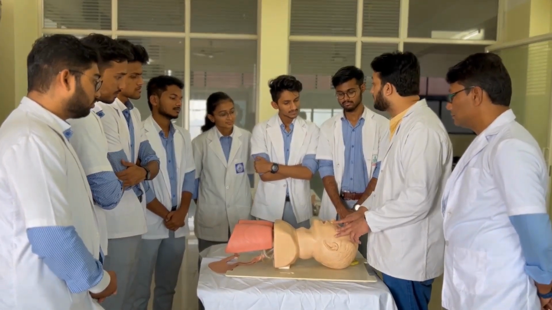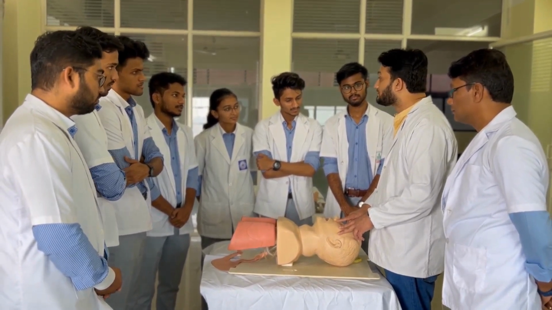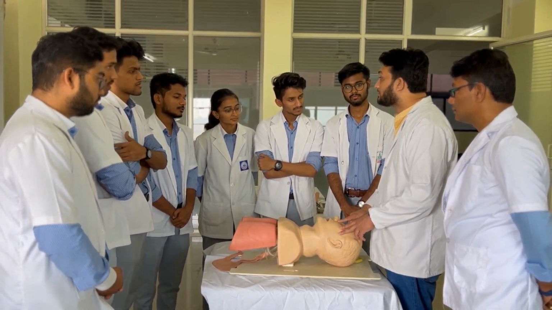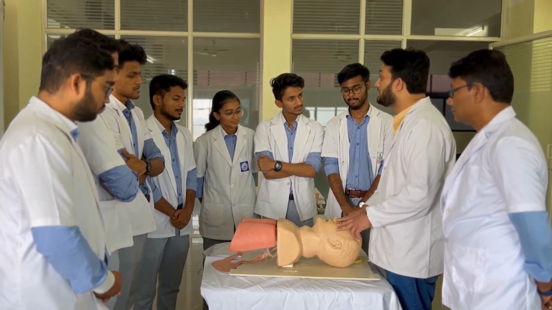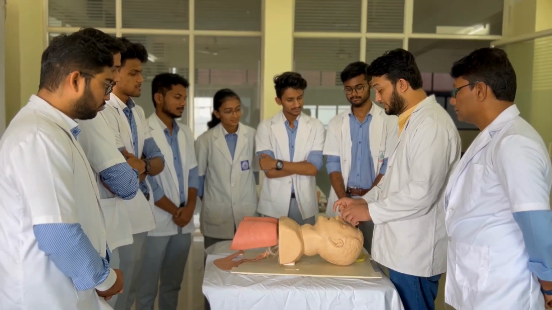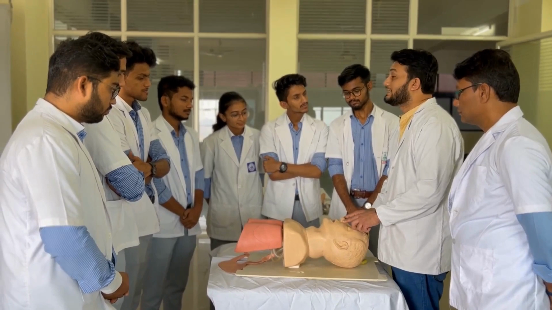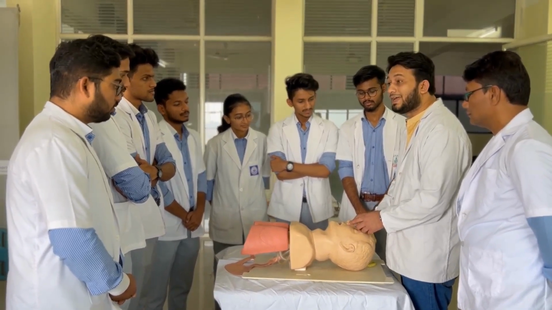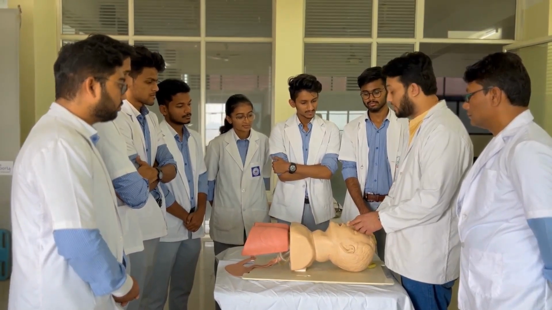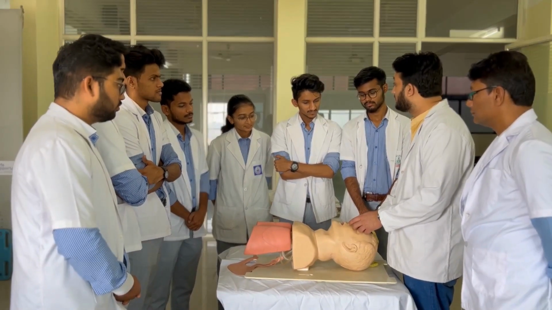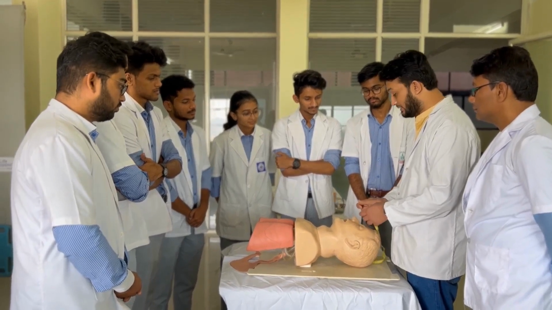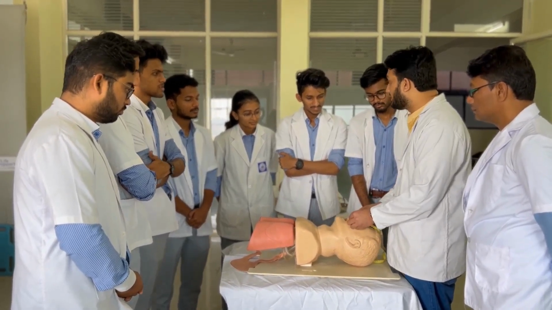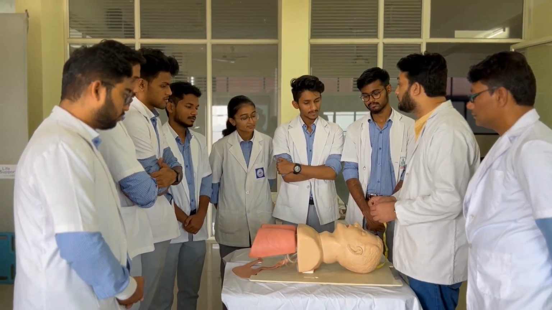It is present in between the nose and the lips. We have to calculate the distance from one of the landmarks. Here is the left ala of the nose. From here, the wound is about 2 centimeters. We can easily measure it. It is about 2 centimeters from the left ala of the nose.